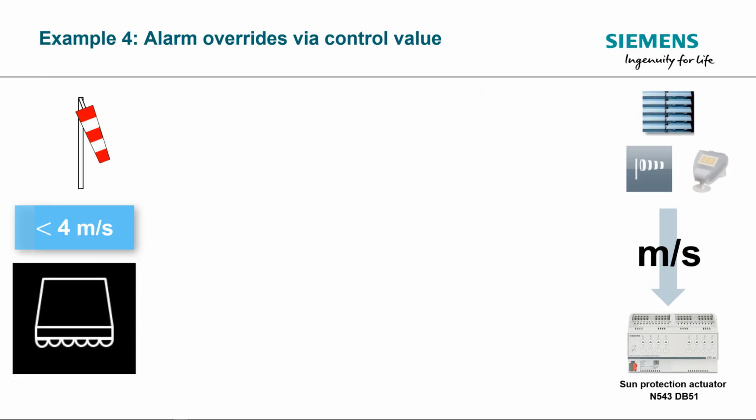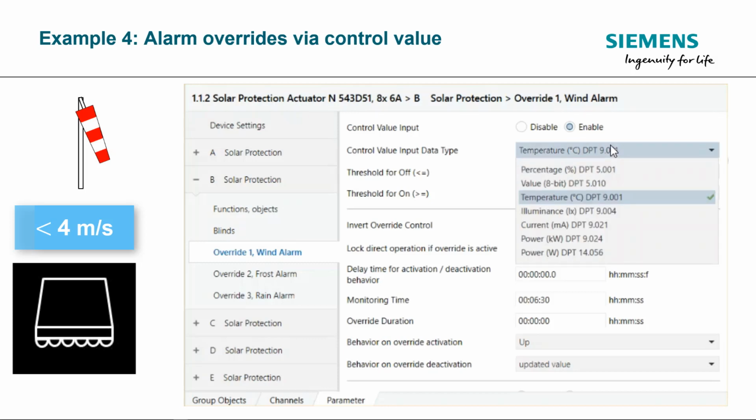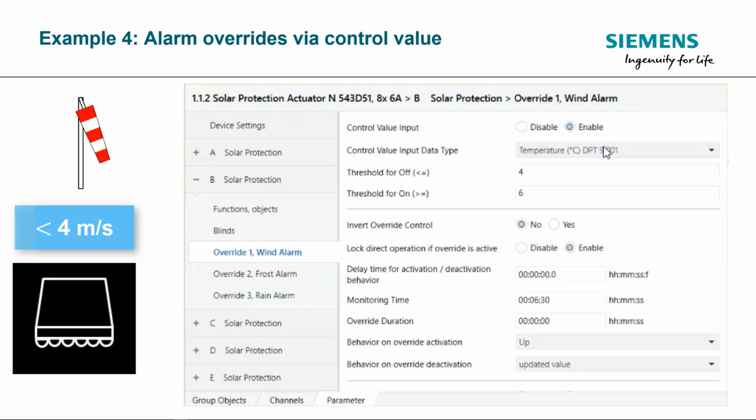If we open the list of possible data point types for this, it becomes clear that they are all analog values, from 8-bit to 4-byte. On the other hand, unfortunately we do not have the data unit of meters per second.